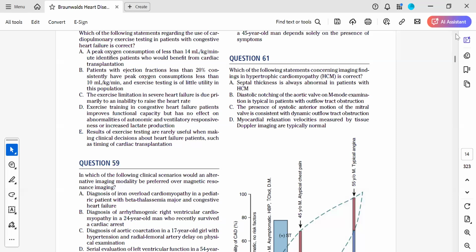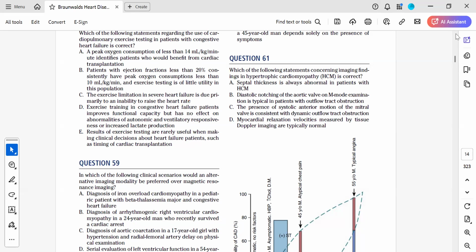Option B says diastolic notching of the aortic valve on M mode examination is typical in patients with outflow tract obstruction.